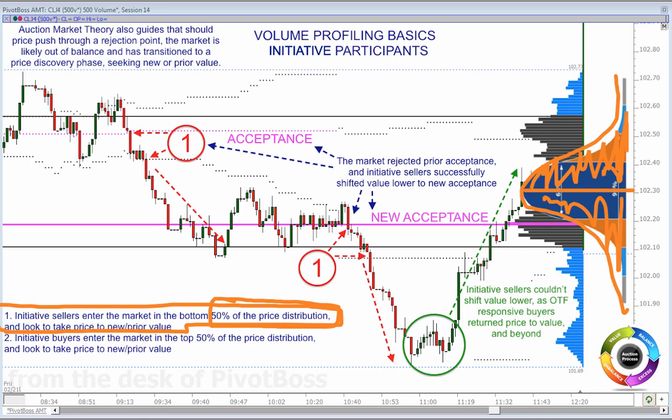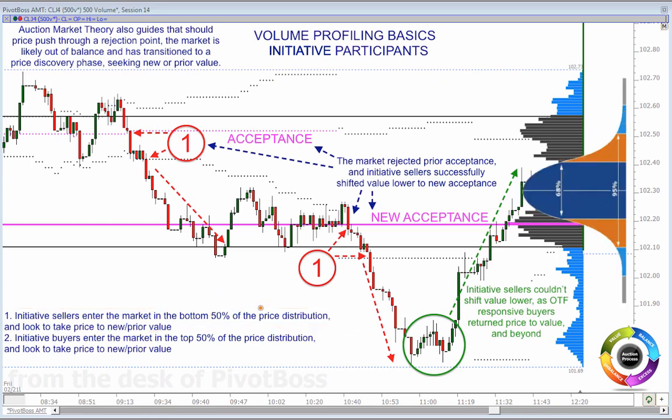So in essence, initiative sellers sell in the bottom 50% of the profile. Find the volume point of control, and that is the zero point, and below it is the bottom 50% of the profile, and above it is the top 50% of the profile.